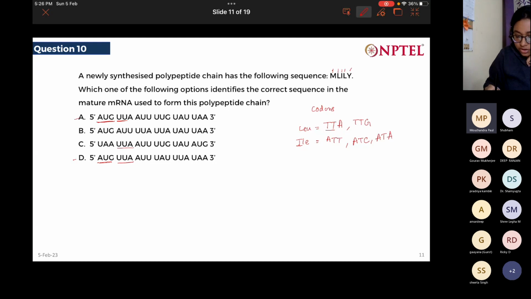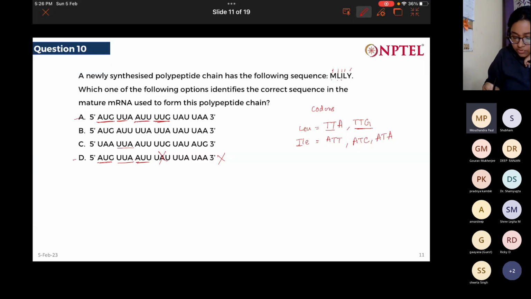Again you have to replace T with U. So here you can see AUU. So far, these two options look similar, right? Methionine, leucine, isoleucine, then again leucine. Leucine can be coded by another codon, UUG, right? So here I can see UUG, but here it is not UUG.